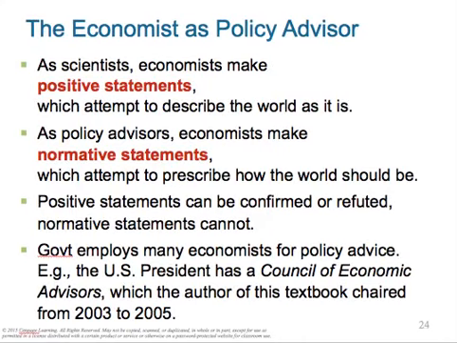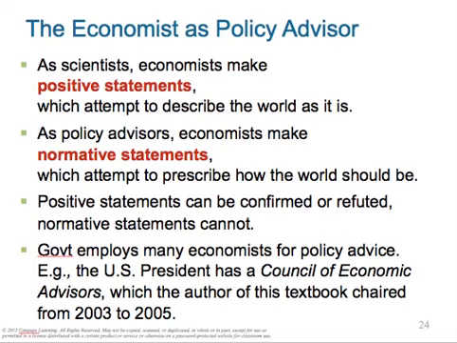An economist as a policy advisor: as you get to know me over the semester, you will find out that my doctoral work was actually in policy as an economist. So this is more or less my field. As scientists, I'd add as social scientists, economists make positive statements, which attempt to describe the world as it is. They're factual statements. Today the temperature is X degrees.